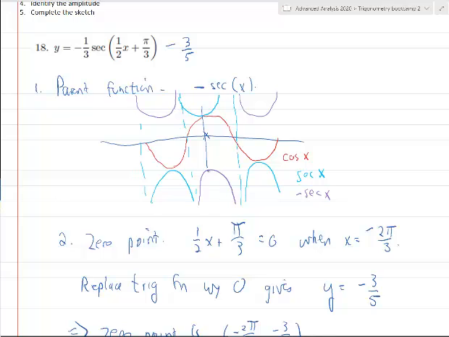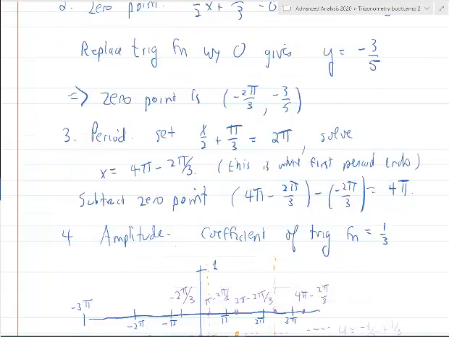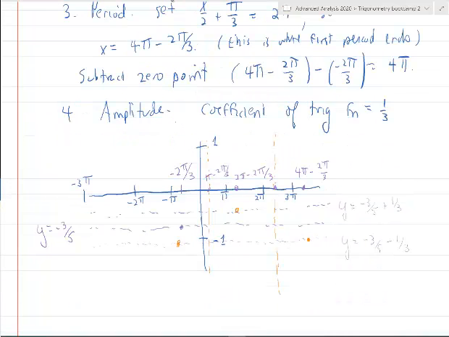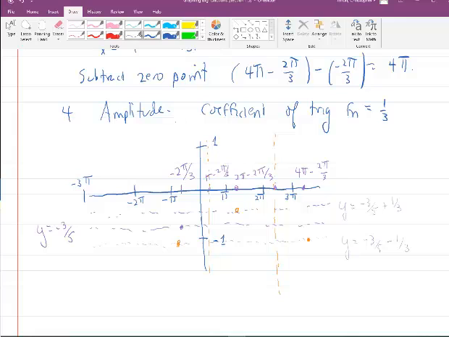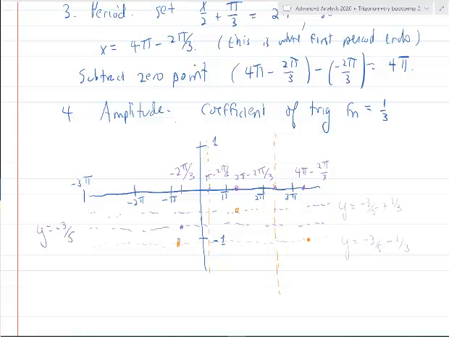This is at the negative of the amplitude, right? The amplitude is 1, so I have this on the negative side. That gives me this point here, which is the first point on my graph. I'm going to make it red. This is the first point I can get on my graph.